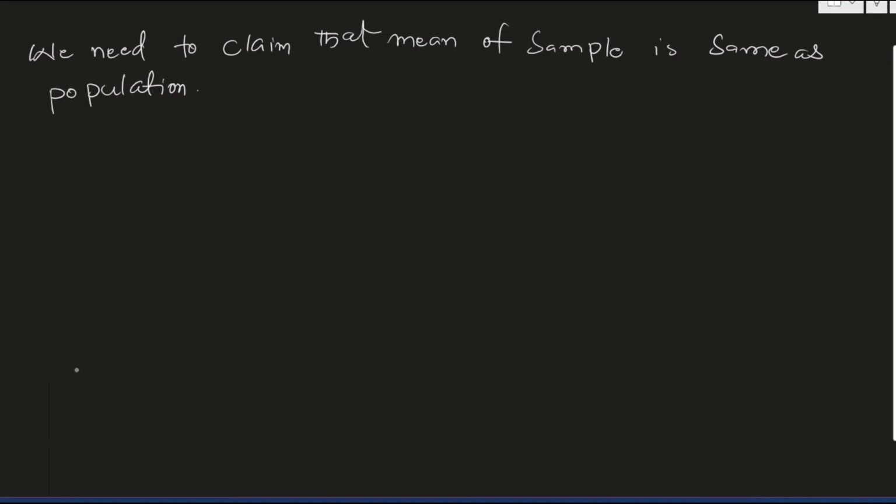Now, step number one. In step one, what we used to do is the formulation of hypothesis, right? So the null hypothesis in this case will be about the mean value that we are talking about.